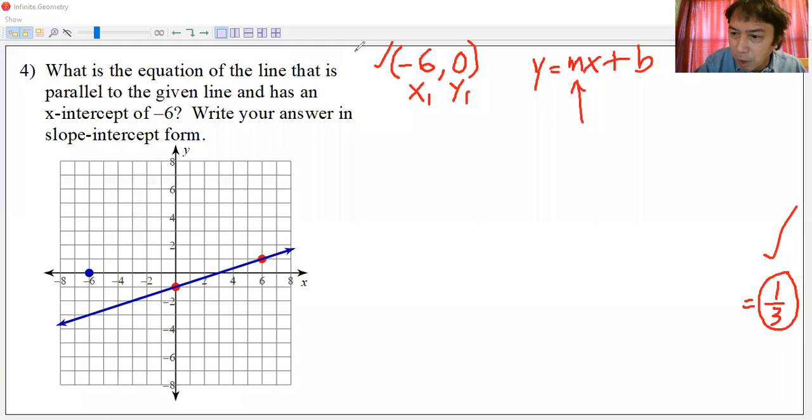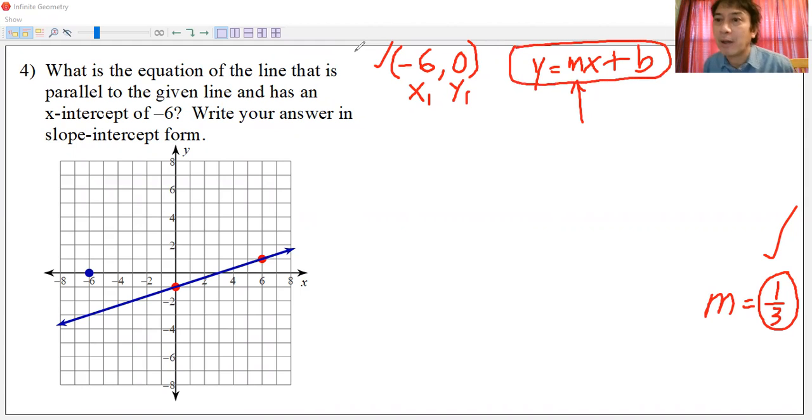This is our m here. And then we shall use the point slope form first and then come up with the required equation here after doing some algebra. You will have to transform it to that form. But first we will have to use the point slope form.